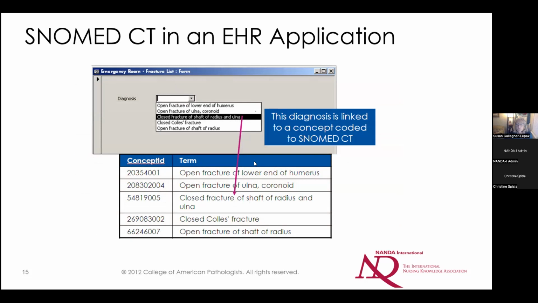But on the back end, the people who work in IT, information technology, have applied these concepts, the SNOMED concept IDs, to these terms that the clinician is selecting. So the clinician is not responsible for selecting the right concept identifier. They're just documenting like they would have documented before, and SNOMED is in the back collecting this information.